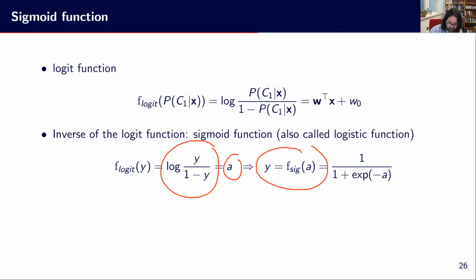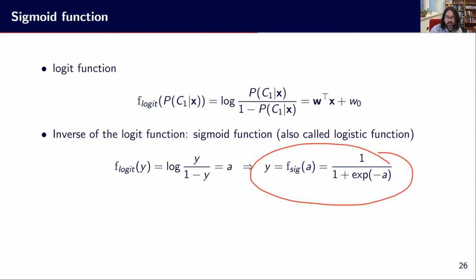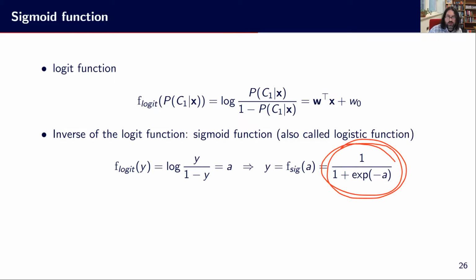So if we move things around and make the manipulation, we've got something like this. So in fact y is equal to 1 over 1 plus exponential minus A. And that specific function is really what we call a sigmoid function.